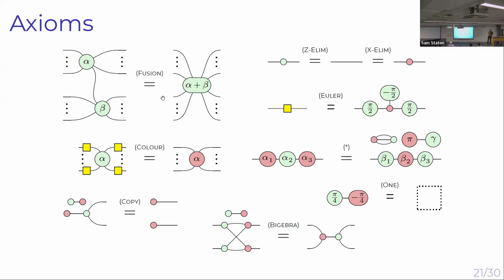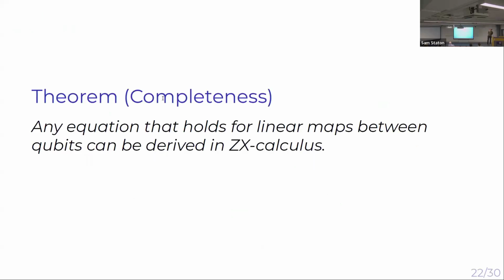It turns out that these rules are rich enough to derive any equation that holds for linear maps between qubits. So effectively, the ZX calculus has the very same reasoning power as the matrices you would use to reason about quantum computing.